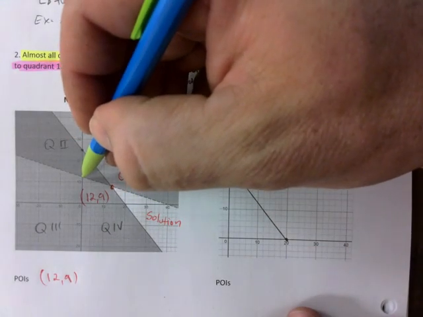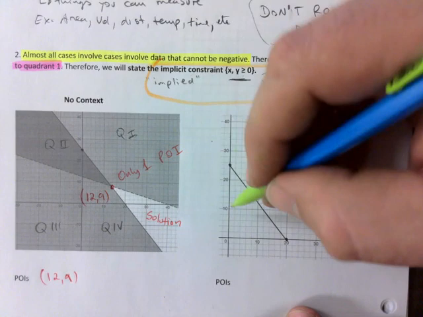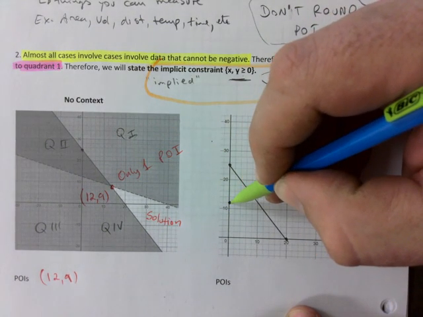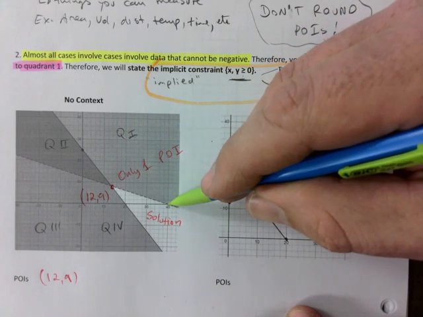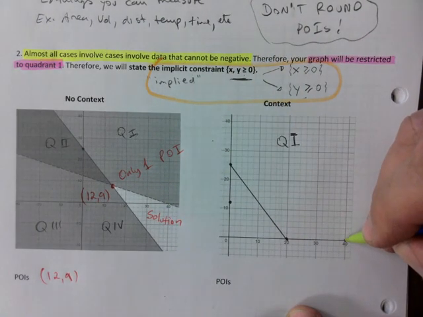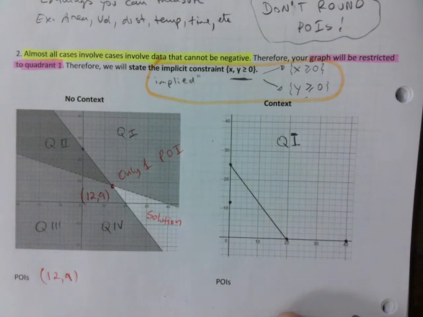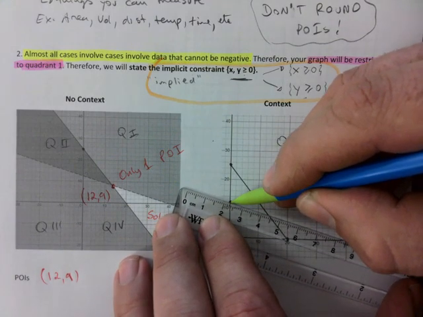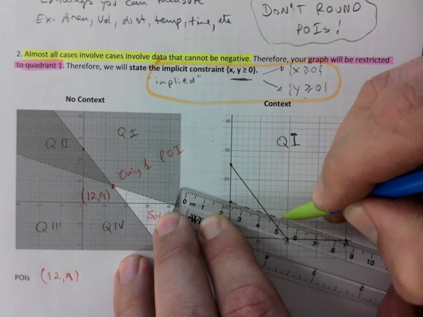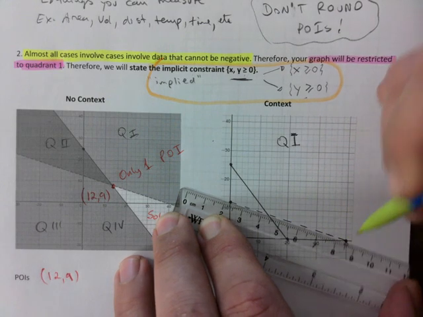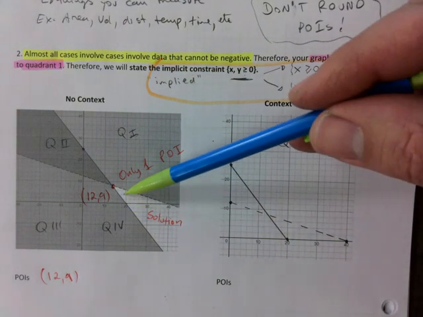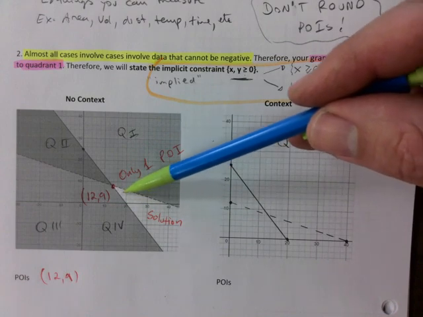What about this one? This one here is just one box over the 10, and it goes through 40, 0 here along the x-axis. So we will go dashed line here. This is zoomed in to just quadrant 1. This is going to be our solution region, this little sliver here.